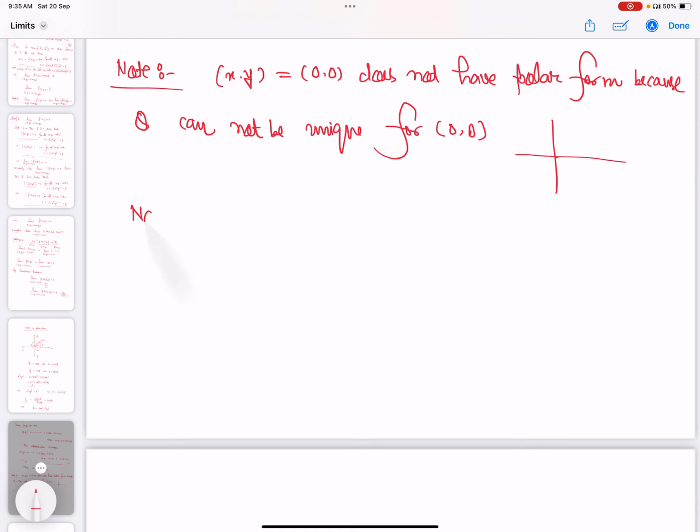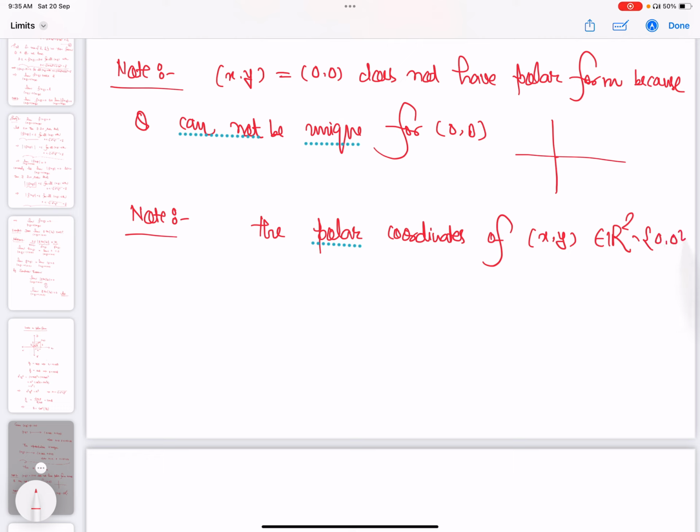Now note the polar coordinates of (x, y) belonging to R square, that is not (0, 0), are given with respect to the origin. So polar coordinates of the point (x, y) are given with respect to the origin.